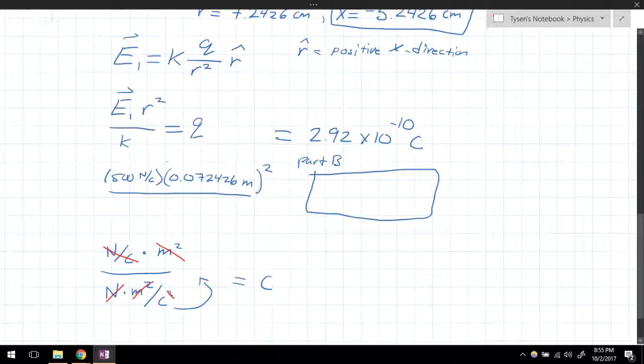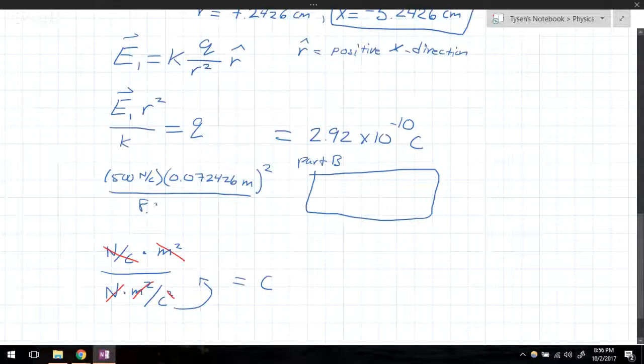So this is Q, and this is our K, which is 8.99 times 10 to the positive 9 newtons times meters squared over coulomb squared.